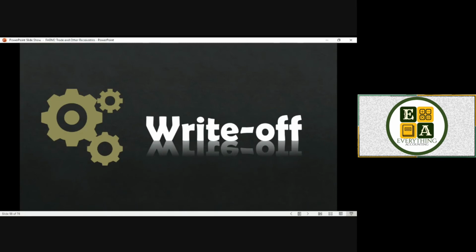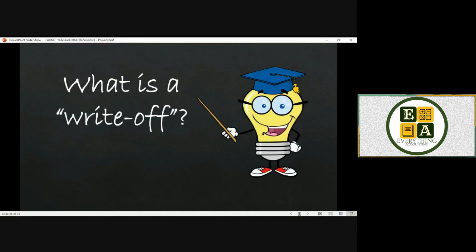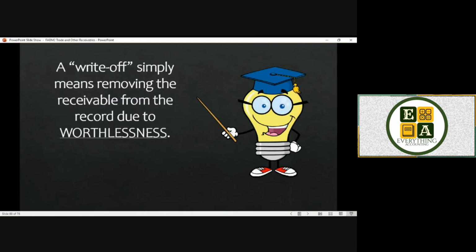So for write-off, what is write-off? Again, write-off simply means removing the receivable from the record due to worthlessness. Problem solving will provide that that receivable or portion of that receivable is already worthless. Always take note, there is a difference between worthlessness and doubtfulness.